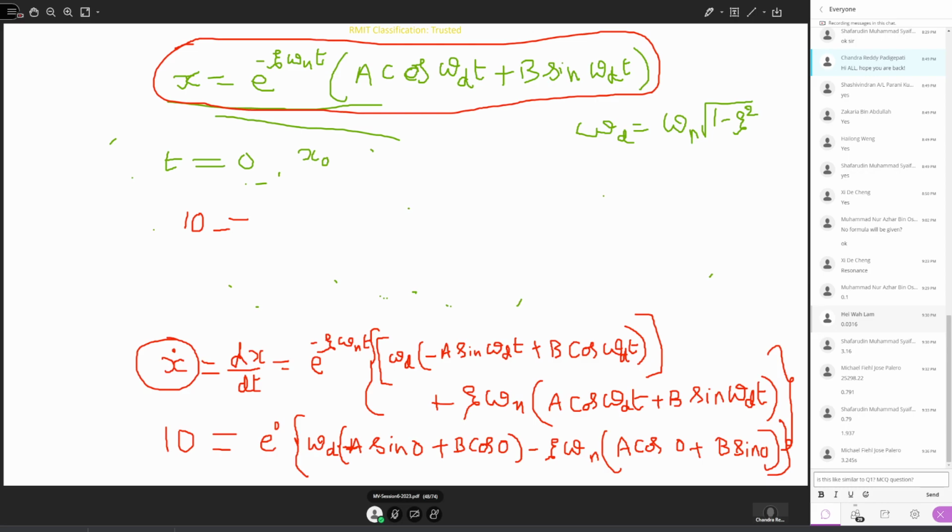So this becomes 0, sine 0 is 0, cos 0 is 1, so it becomes b. So the whole thing becomes b into omega d.